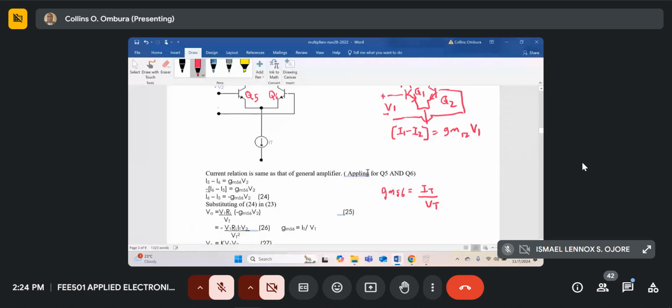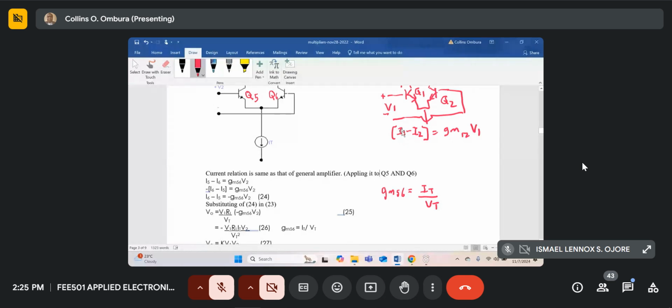And then I can say to apply it to Q5 and Q6. So I'm just applying this equation over here.